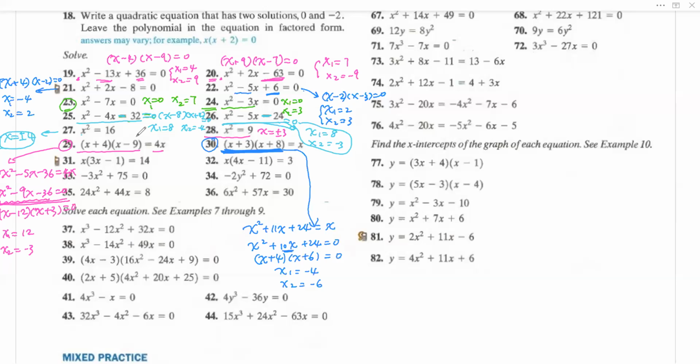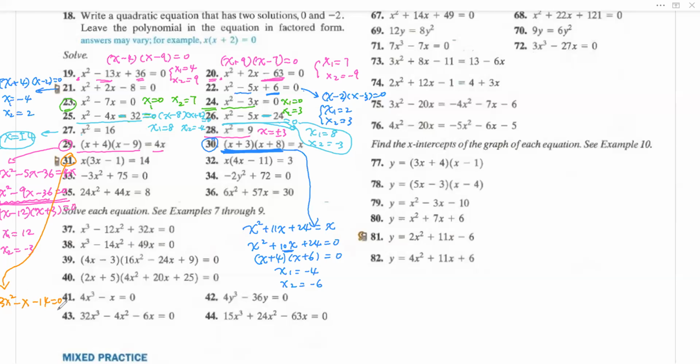Let's see, 31. There's no space there, all right? Okay, so here it became 3x squared minus x minus 14 equals 0. All right? So did you guys get it? So how do we factor this one? The coefficient of x squared is 3, right?